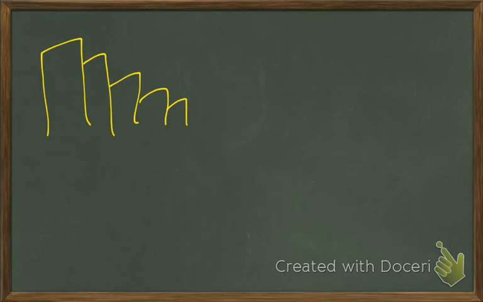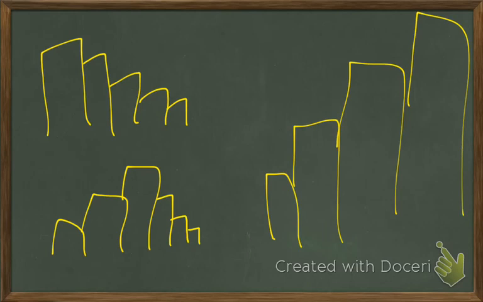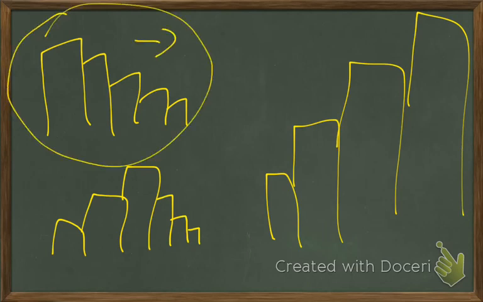Our next example, I'm going to give you some histograms. This one is skewed to the right. It's very light on the right, so we're skewed to the right.